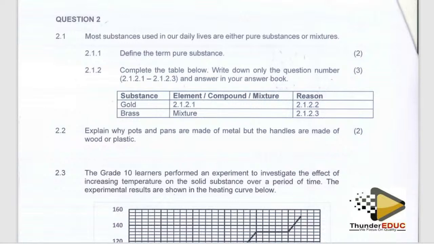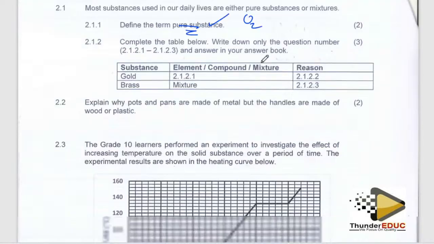Take oxygen, for example: it is a pure substance, meaning there is nothing else involved in oxygen. So it is constant throughout. That's the definition, but it depends on what your teacher has defined.